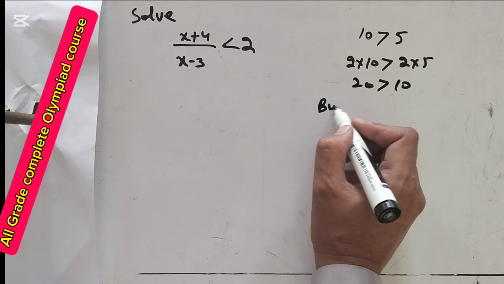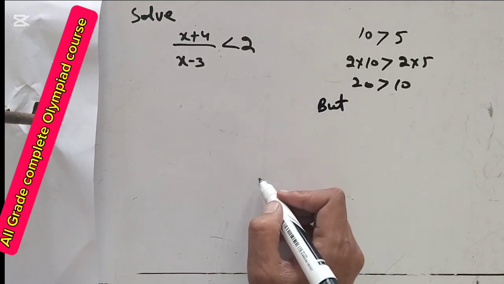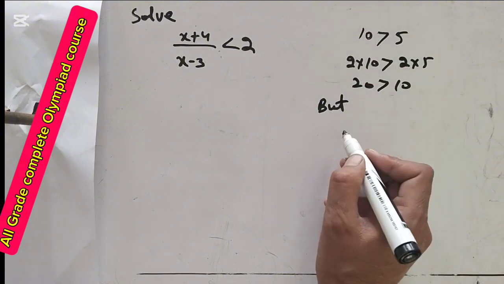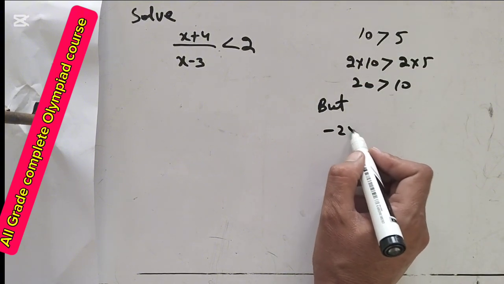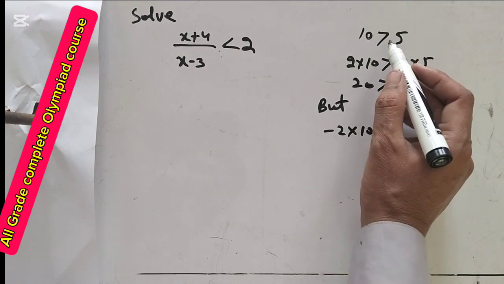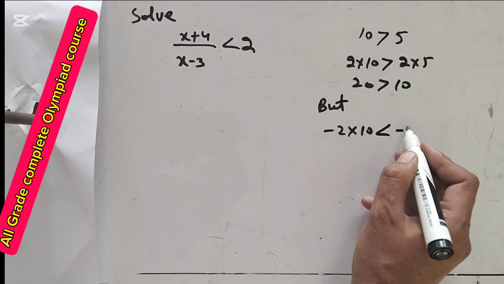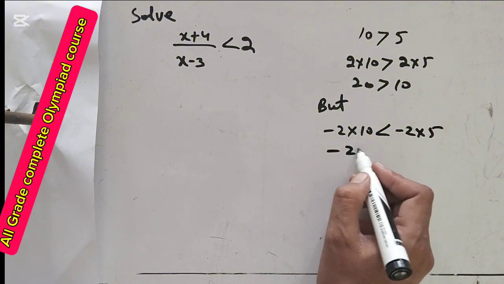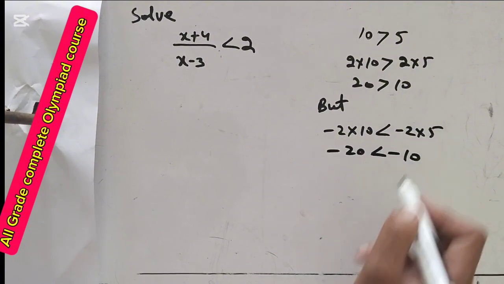But if we multiply by a negative number, suppose we multiply -2 by 10, then we have to change this sign: -2 multiplied by 5. -20 is less than -10.